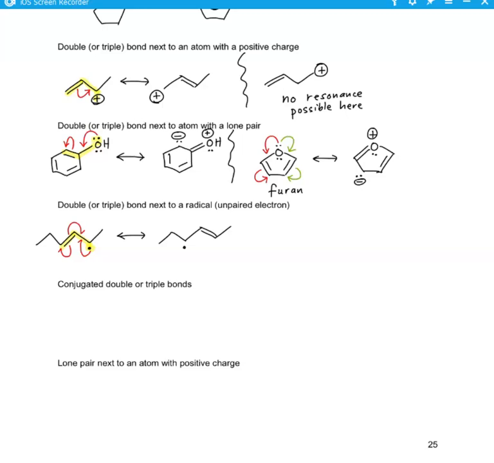Now, we looked at this a little bit. If you have conjugated double or triple bonds, we looked at this in the context of benzene, but let's look at it in a couple of different pictures as well. So let's say you have this. These are conjugated double bonds because they're separated from one another by just one single bond. So you could do something like this.